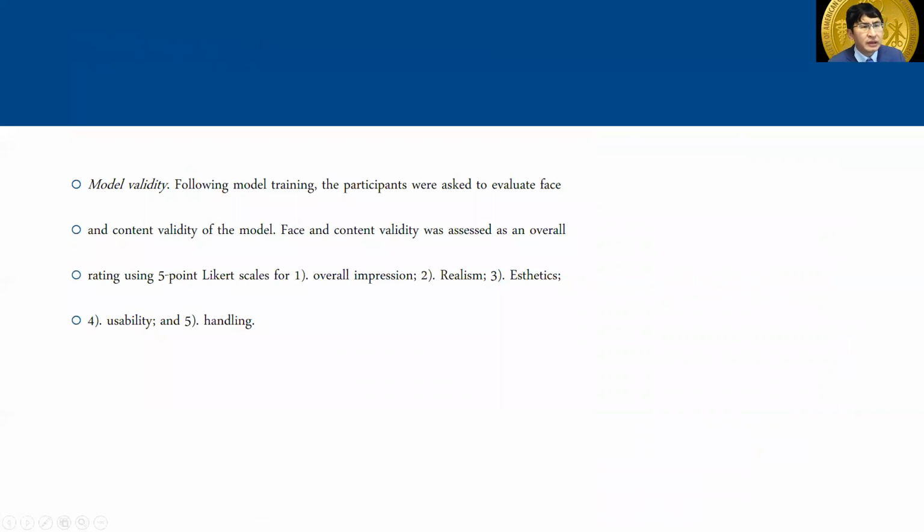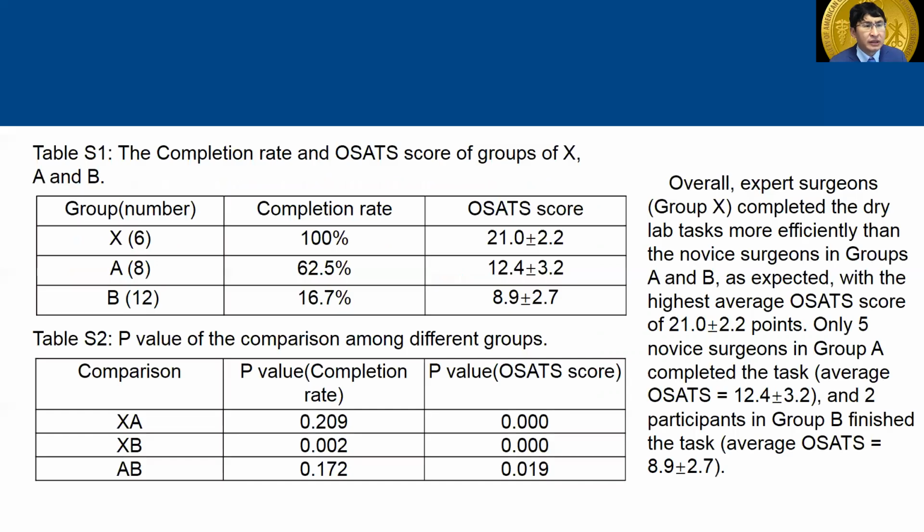Following the model training, the participants were asked to evaluate the face and content validity of the model, and they were assessed with an overall rating using a 5-point Likert scale for overall impression, realism, esthetics, and usability and handling.